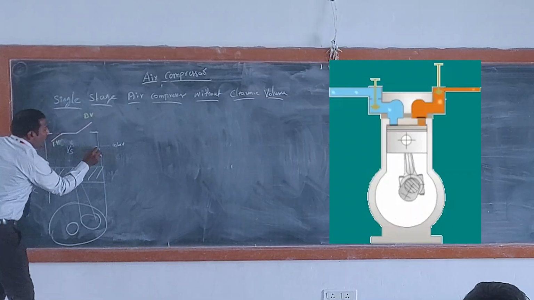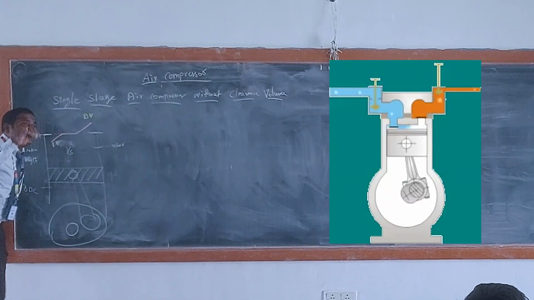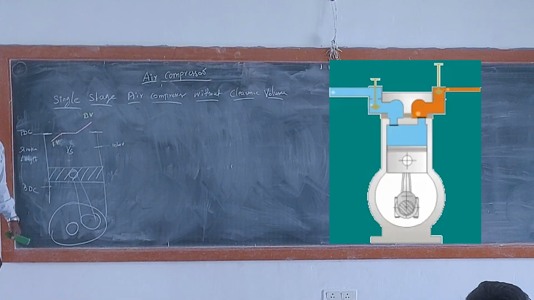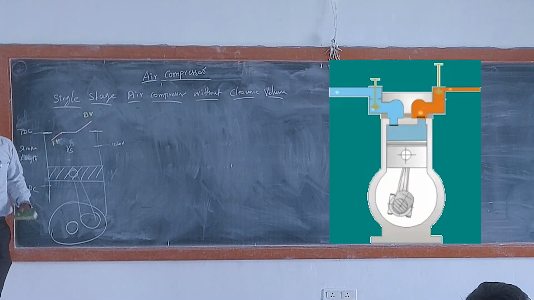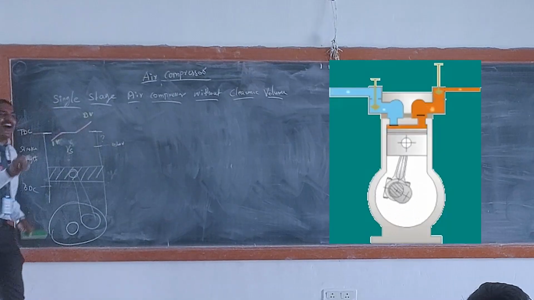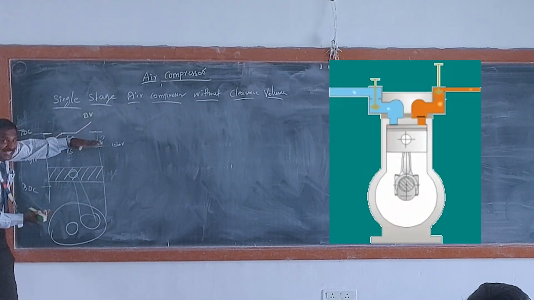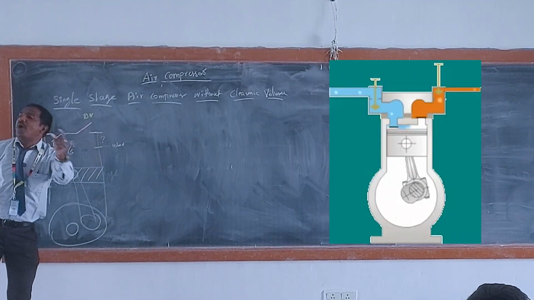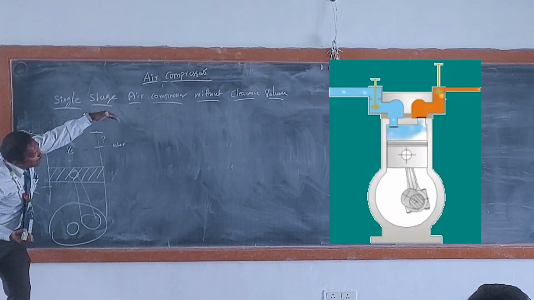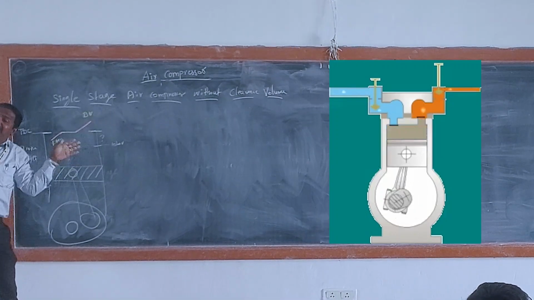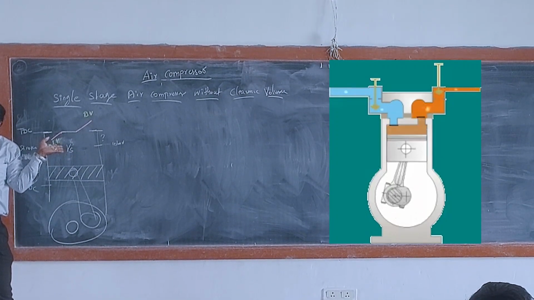So from here to here, how will the pressure be? Low, high, or same? Same. Very good. The pressure remains the same because whatever amount the pressure is increased, the same amount of air by volume or mass escapes from the cylinder. Got it? So it maintains the same 10 bar only.